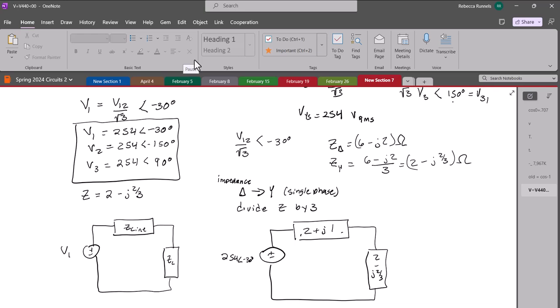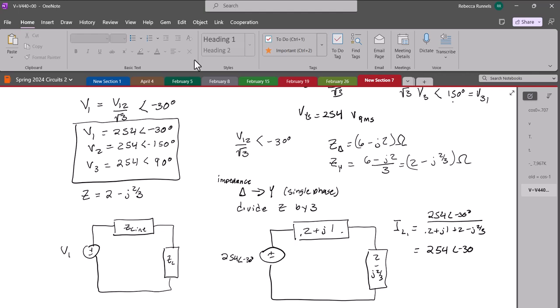So now it is easy to get the line current because we just have a simple circuit right here. So I line 1 is going to equal 254 angle negative 30 degrees over 0.2 plus J1 plus 2 minus J2 thirds.